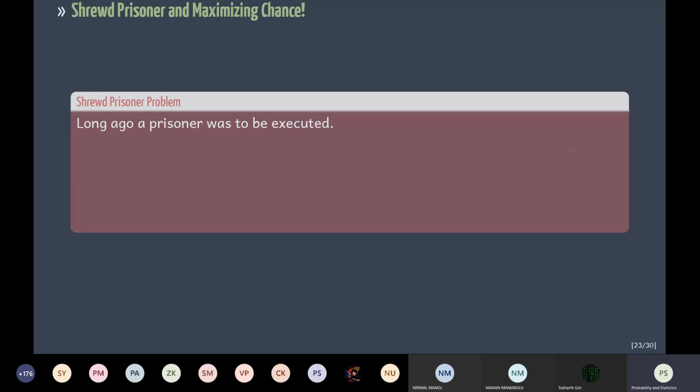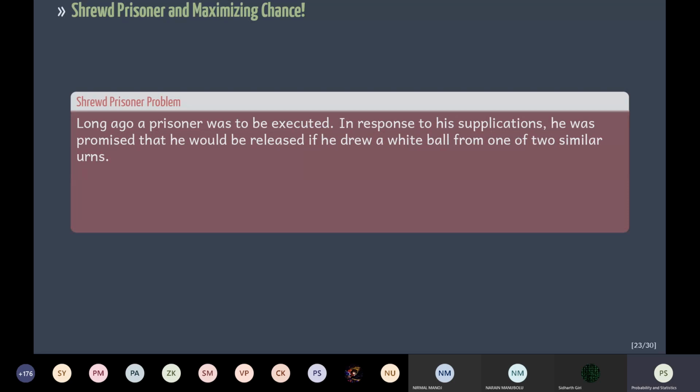A long time ago there was a prisoner who was to be executed, and in response to his supplications, he was promised that he would be released if he drew a white ball from one of two similar urns.